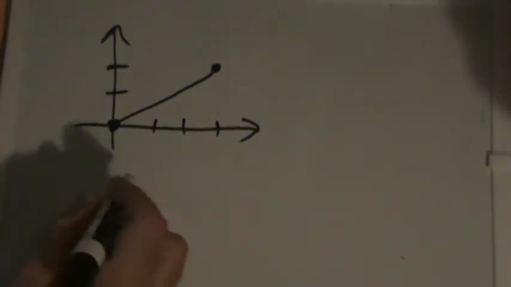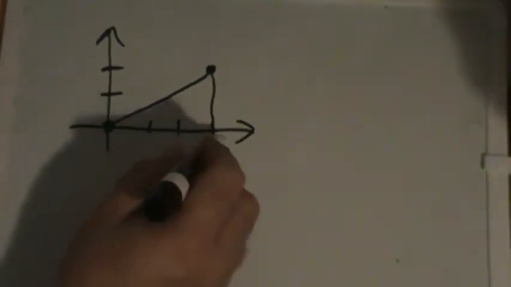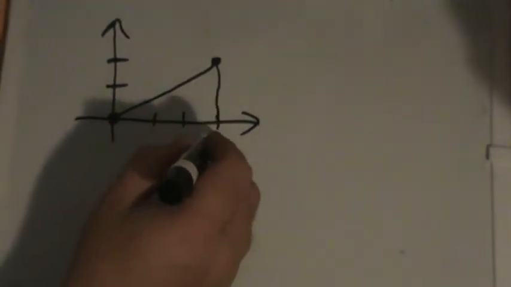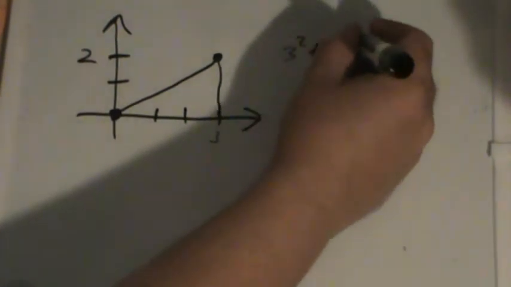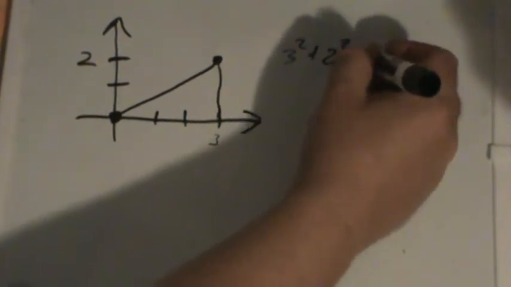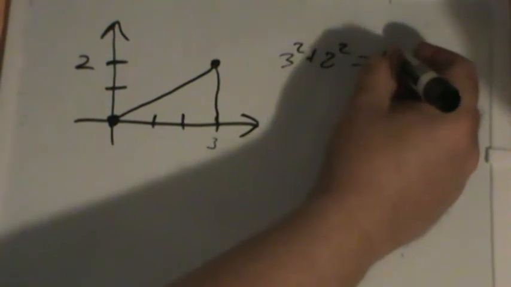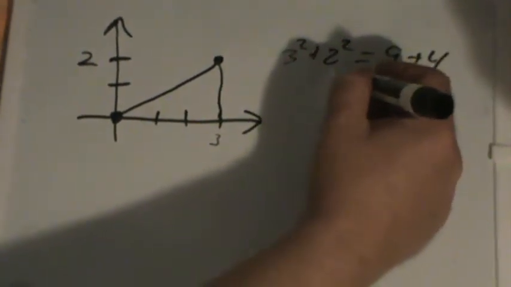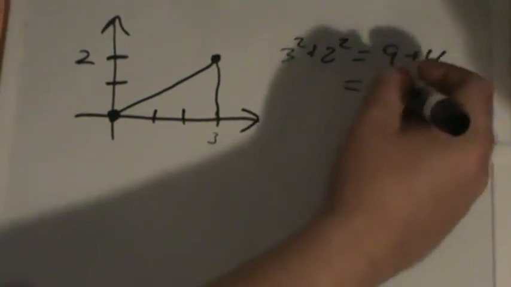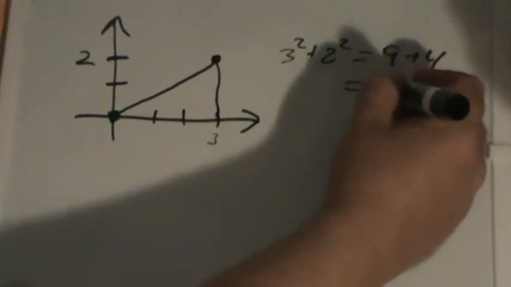Well, we often use the Pythagorean theorem. We take the distance on here, it's 1, 2, 3, and it's up 1, 2. So we say 3 squared plus 2 squared has to be equal to, and 3 squared is 9, and 2 squared is 4, so that gives us 13.